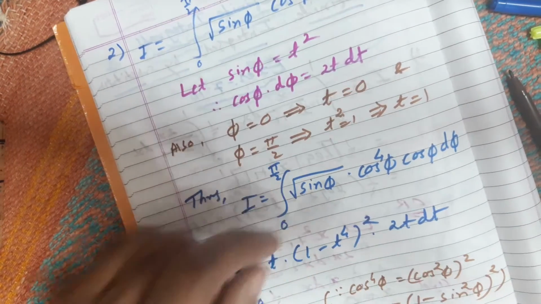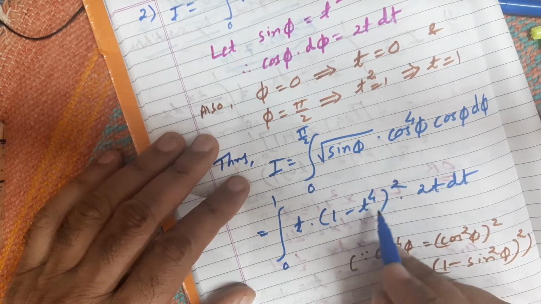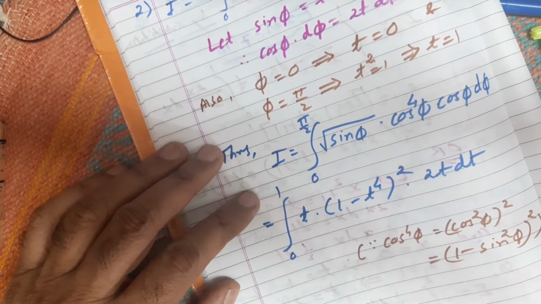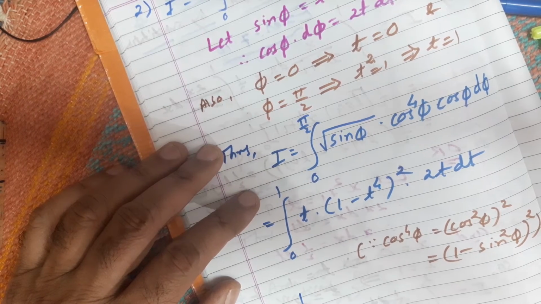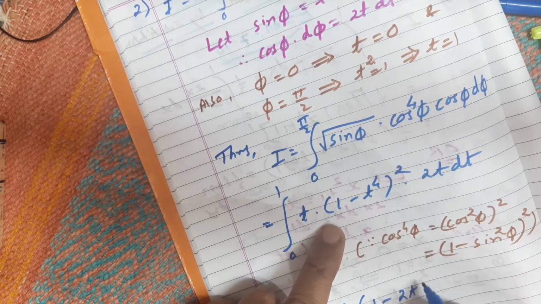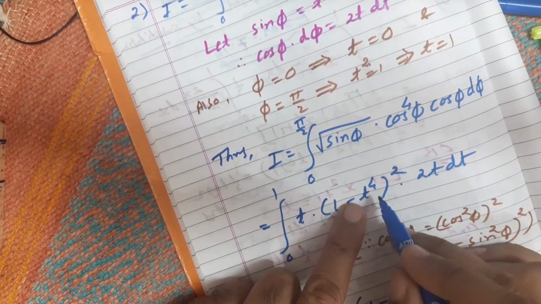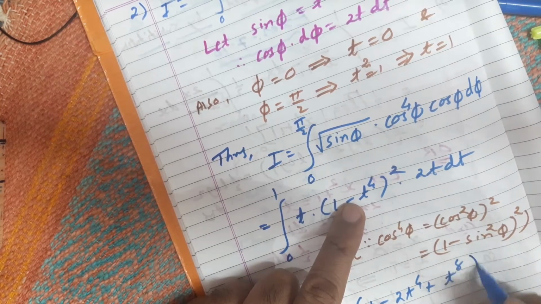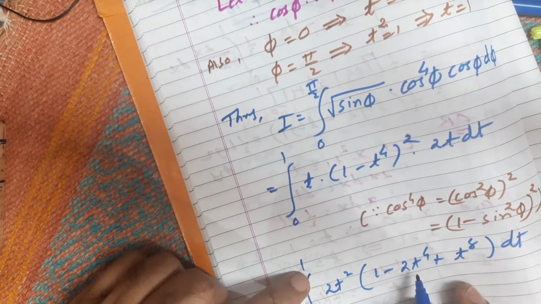Now, first of all, you have to expand this bracket. So it is 2t square, 0 to 1, into 1 minus 2t raised to 4 plus t raised to 4 raised to 2, so it will be t raised to 8, dt. Got this?